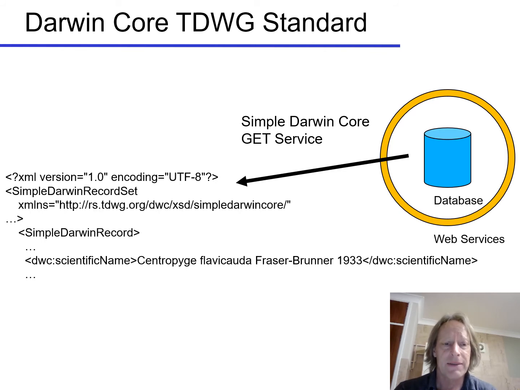And our scientific name is this particular XML element, dwc:scientificName. It is exported within a Darwin Core record, within a Darwin Core record set. And this Darwin Core data can be collected by engines that harvest Darwin Core data.